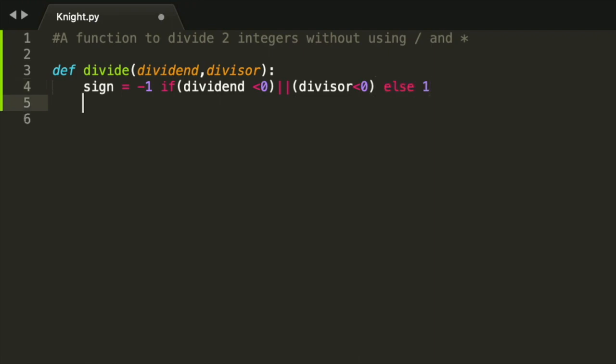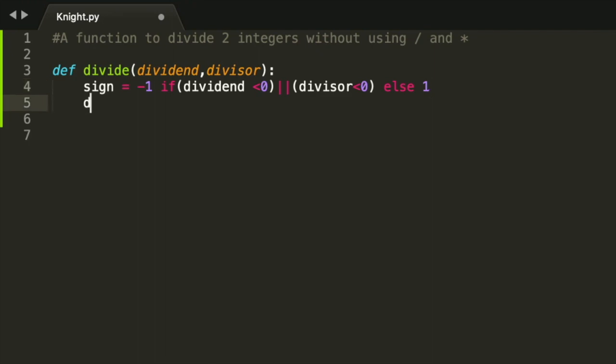So basically, the sign will be negative if either of these two conditions is satisfied, or else the sign will be 1. Now once we have the sign out of the way, we can take the absolute value of the dividend and the divisor, since we need only the numeric values.